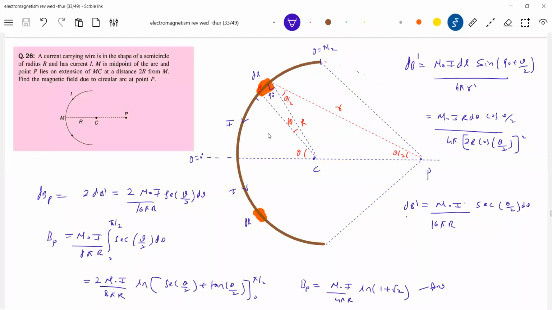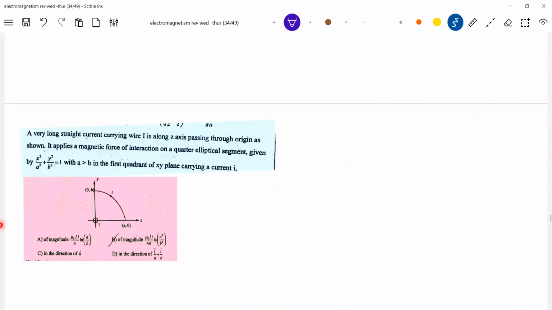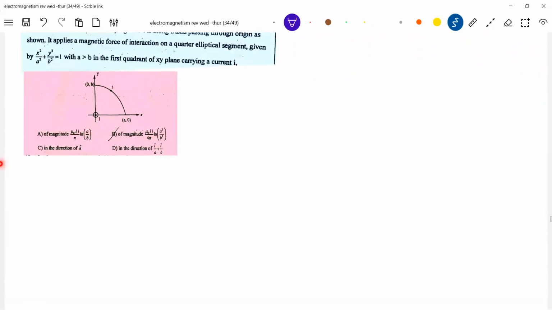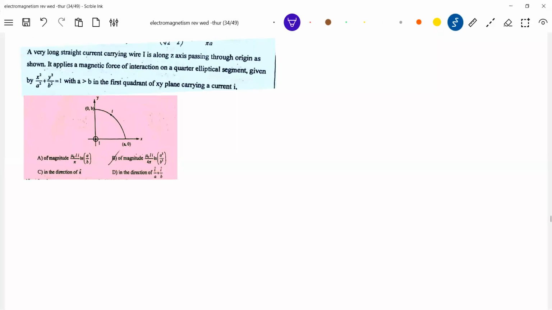Simple math-based application. In electrostatics also we discussed, I think, potential and electric field; here it is the magnetic field. Let me scroll down. Yeah. Same question. Both are in different colors.